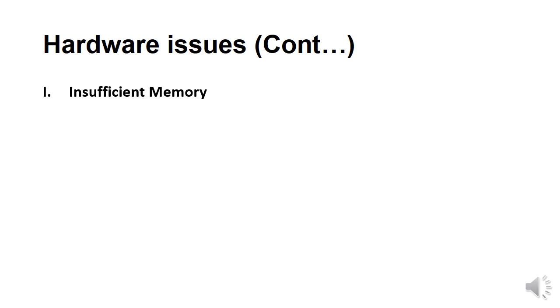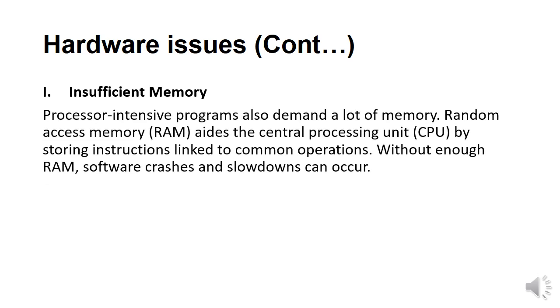Insufficient memory. Remember that a computer memory is a working memory, that is where instructions to be executed by the CPU will be loaded and the CPU starts to run them. So processor intensive programs also demand a lot of memory. Random access memory aids the central processing unit by storing instructions linked to the common operations. So without enough RAM, software crashes or slowdowns.